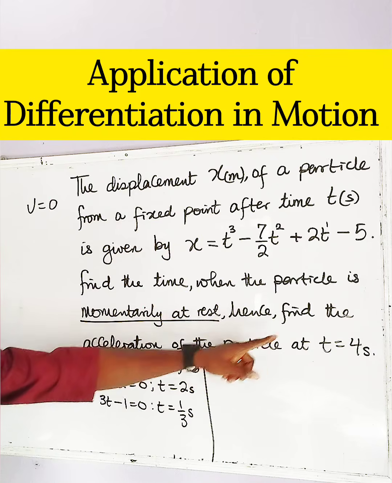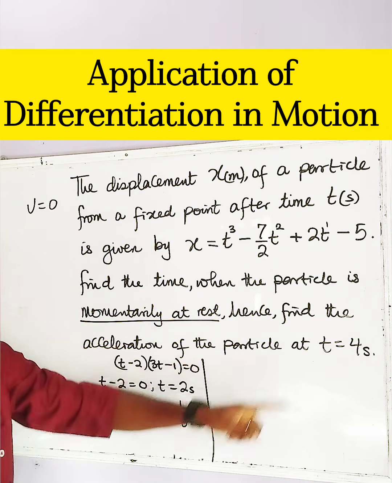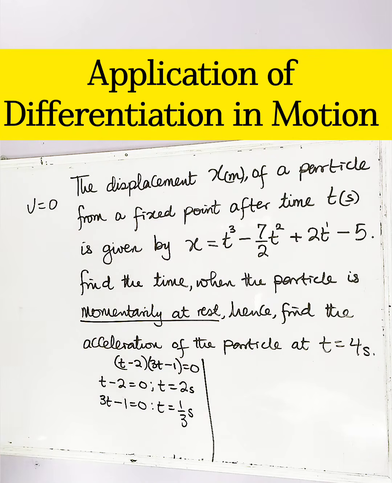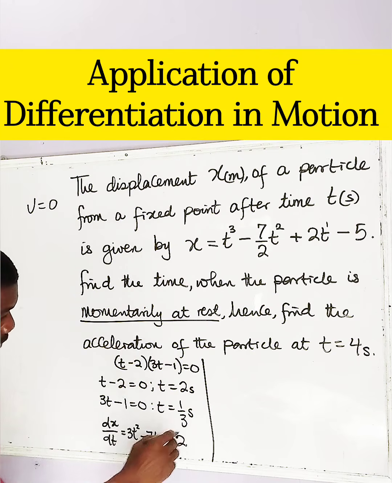The next one is to find the acceleration of the particle. Let us recall that our velocity, which is dx over dt, is 3t squared minus 7t plus 2.